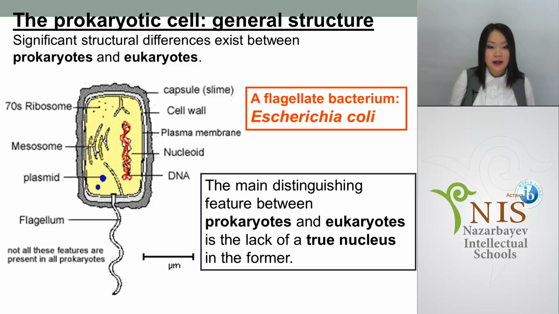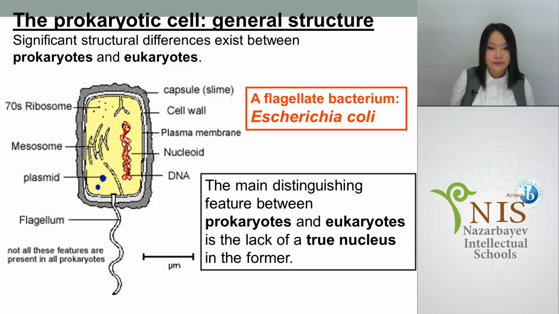Look at this picture here. Here you have a bacterium which lives in our digestive tract, and most scientists are crazy about this bacteria because they use it in their laboratories. E. coli, we call it E. coli.